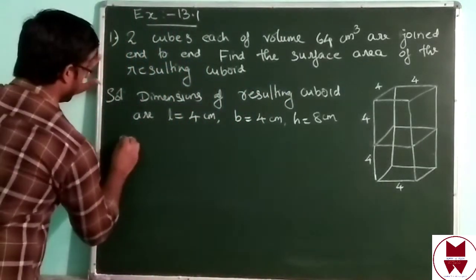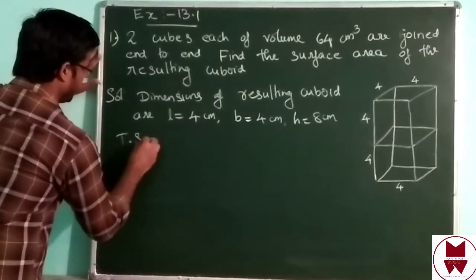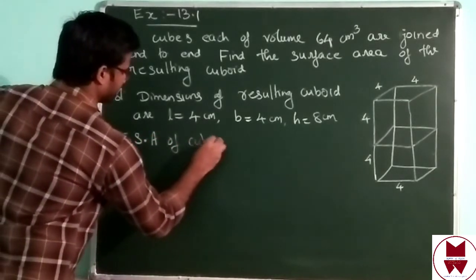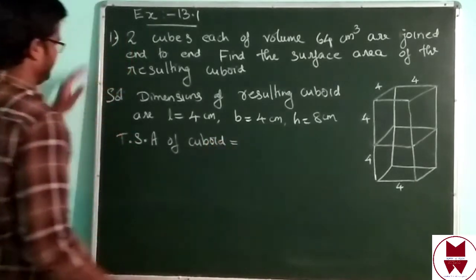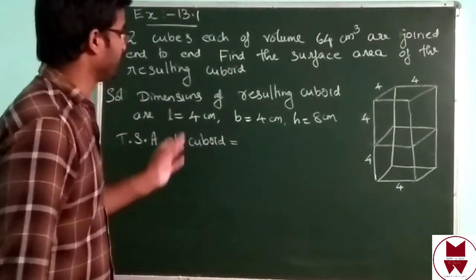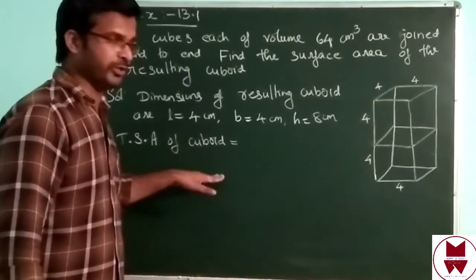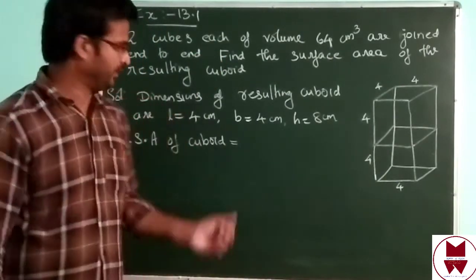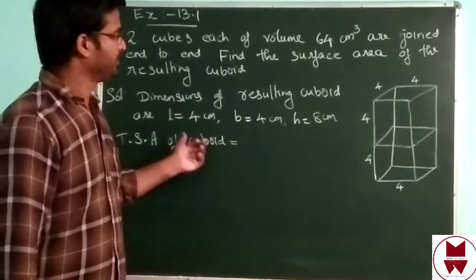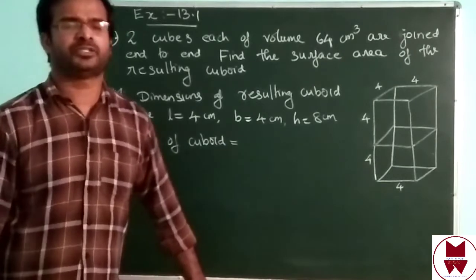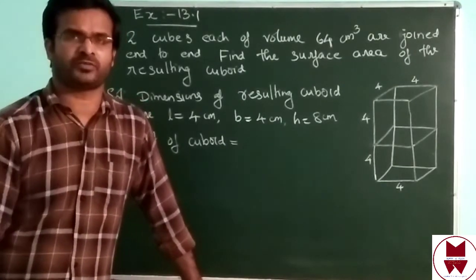Now, total surface area of cuboid. You have to write total surface area of cuboid because in here cube is there, cuboid is there. 2 figures are there, isn't it? Then which one is the resulting figure? That is cuboid, isn't it? That's why total surface area of cuboid. Which formula was studied? Already we have written one formula, isn't it?